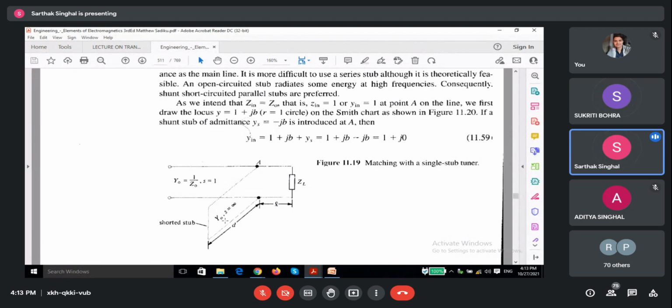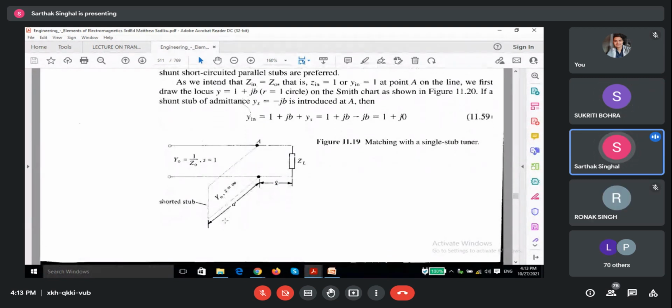So, are you able to see this figure 11.19? Yes, sir. Okay, so in this, both the primary transmission line and the secondary transmission line have a characteristic impedance of Z naught. So, what we are going to do?